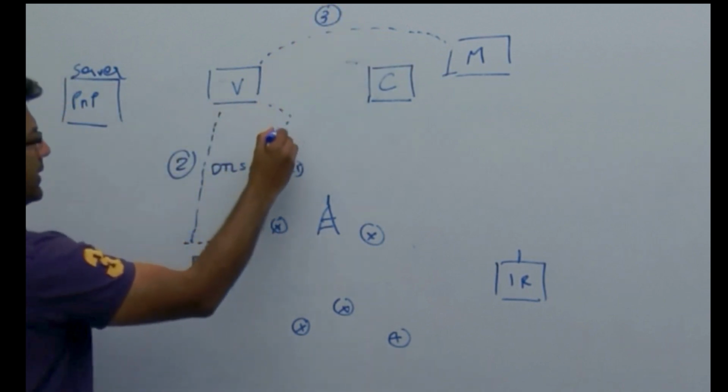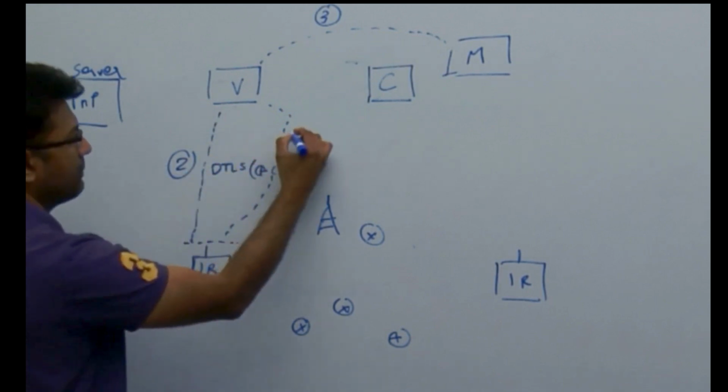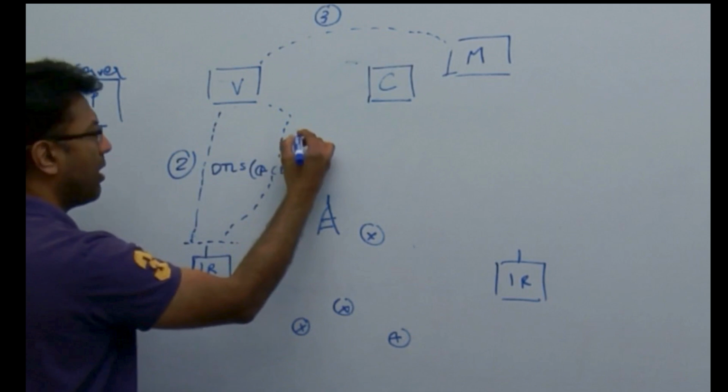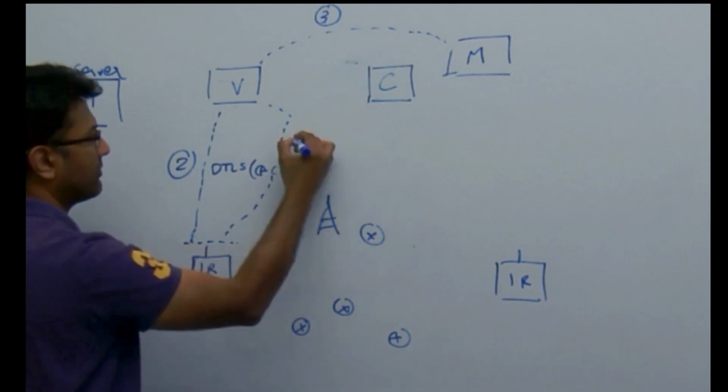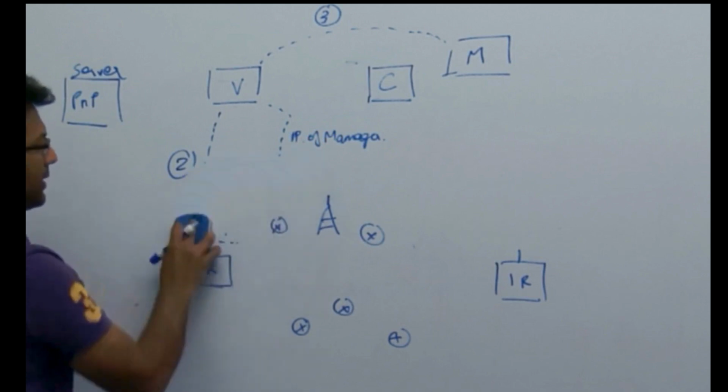Step 4 is the validator will send down the IP address, or the hostname, of the manager. So now we know how to connect to the SD-WAN Manager. Let me clean this up a little bit again.